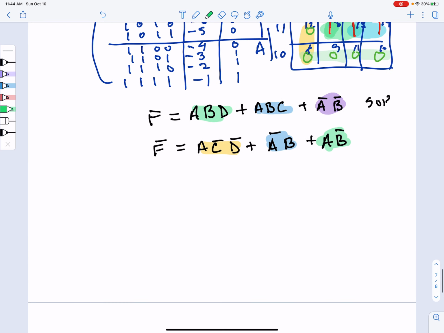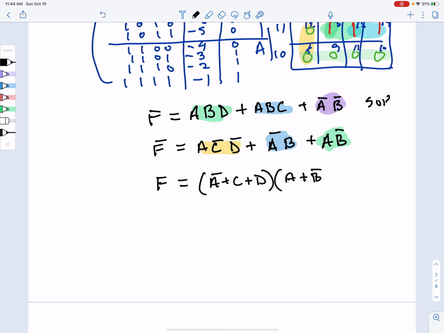That's F bar, so from there we would apply De Morgan's, and I can do that all in one step. This would be A bar or C or D. You complement the variables, and you turn the sums into products. I'm skipping a few steps, but this is how it works out. If you do a few of these practice problems, you'll see that's a pretty easy step.